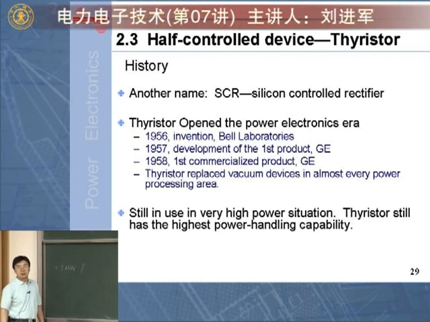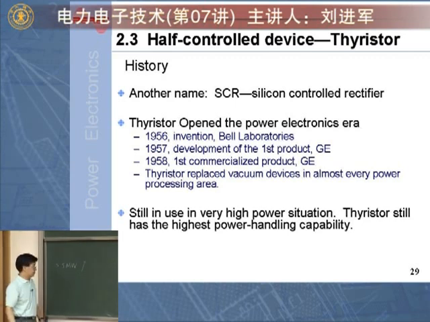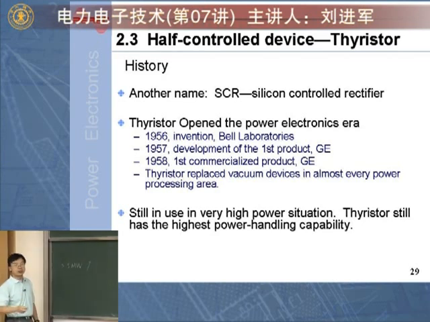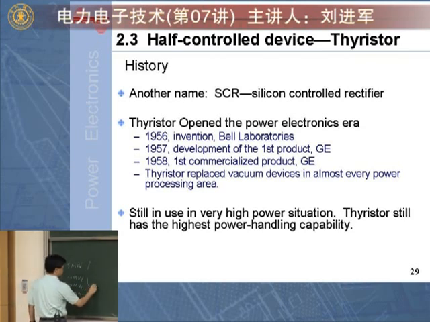So usually you can see thyristors still in use in, let's say, 10 megawatts or 20 megawatts, even larger than that, 50 megawatts motor drive.